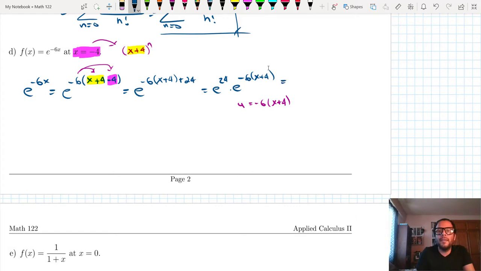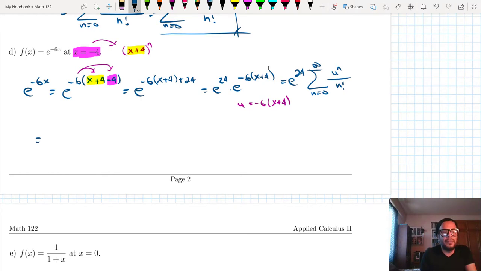So this will be e to the 24th power times sigma n equals 0 to infinity of u to the n over n factorial. Let's substitute for u and put the e to the 24 inside of the series.